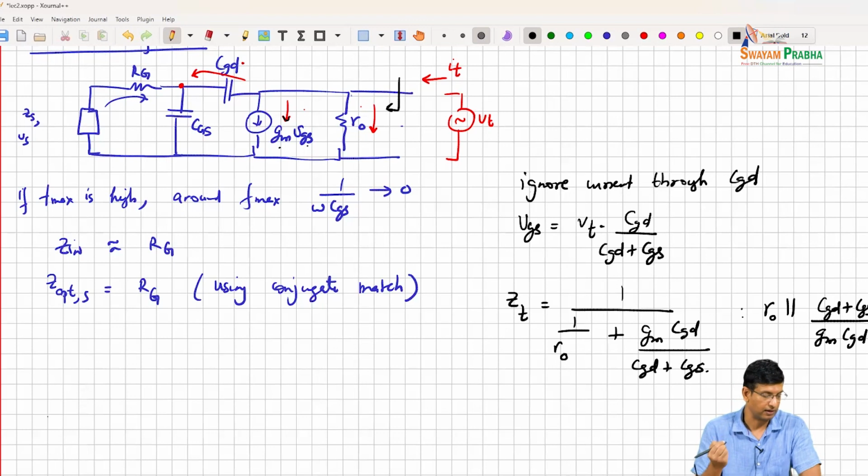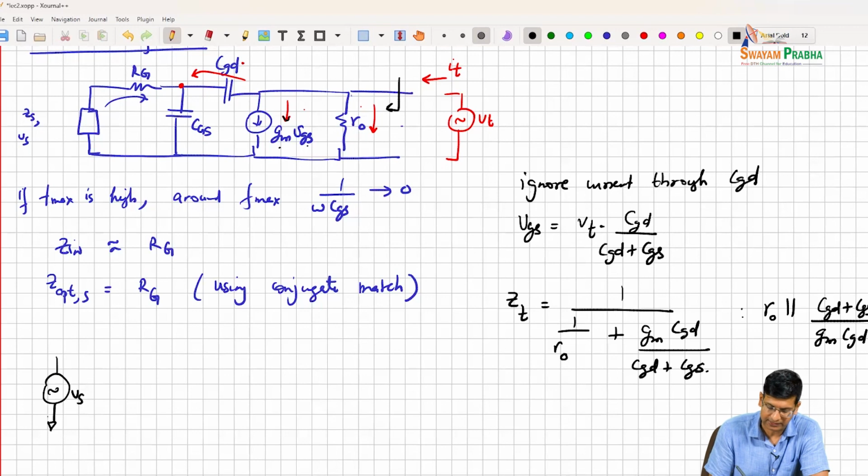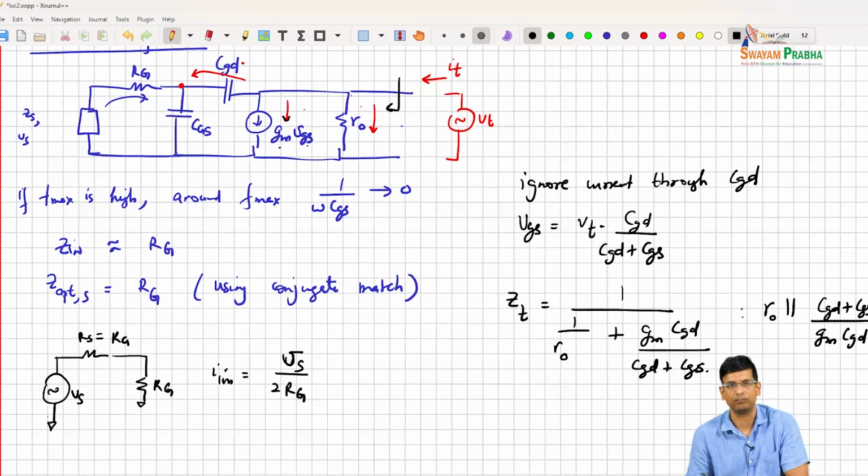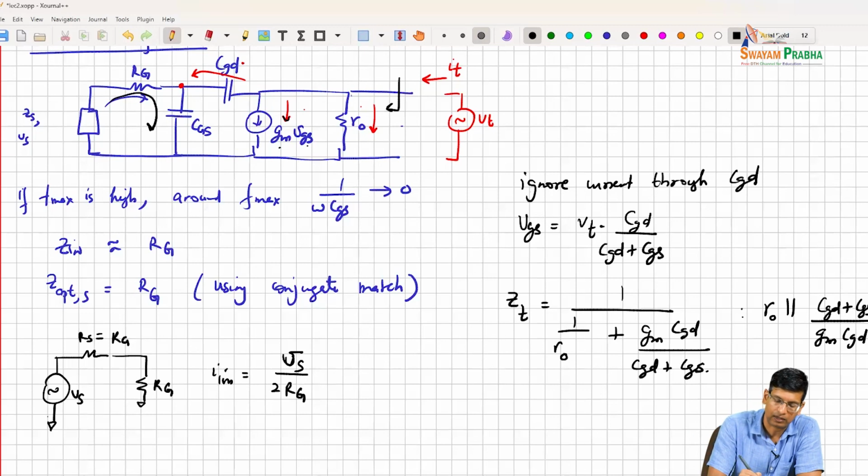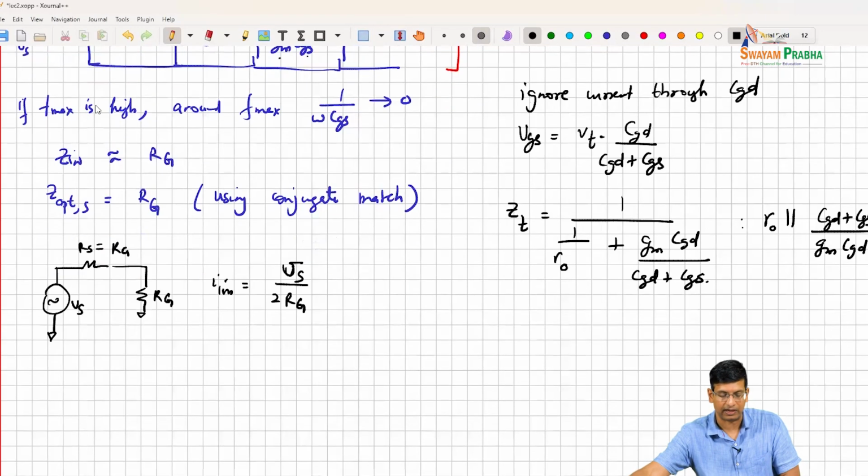So now if I think about my input power, let's say I have some Vs and I have some Rs, and I know that it is basically driving a power into Rg, right? And this Rs is Rg. So if I think about my input current, my input current is going to be Vs divided by 2Rg, right? That input current flows in here, and I am interested in how much power I transfer.